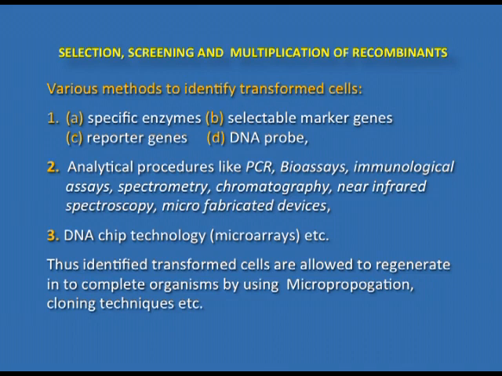Besides that, there are certain analytical procedures like PCR technique, bioassays, immunological techniques, spectroscopy, etc. The third one and the latest is DNA chip technology. Through these procedures, we can easily identify whether the required gene has been incorporated into the target or not.